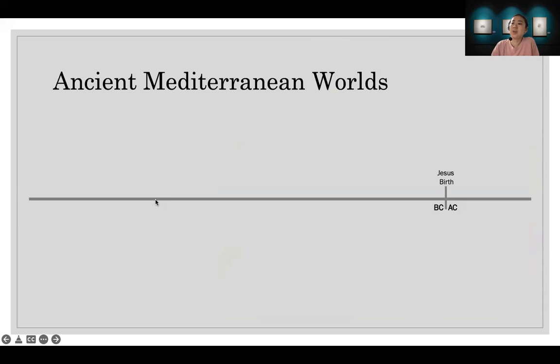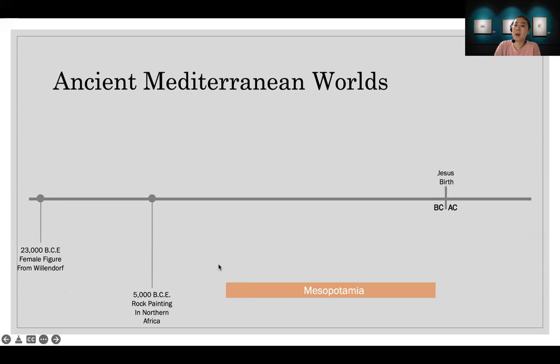So let me show you the ancient Mediterranean world's timeline first. The female figure we just saw together is about 23,000 BCE, the beginning of Western art. And the rock painting in Northern Africa is about 5,000 BCE here. And Mesopotamia arose about 2,000 years before the century.